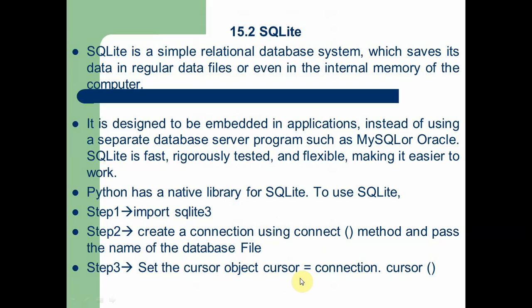Step 3, set the cursor object: cursor = connection.cursor(). By using this cursor, we can access all the databases in SQLite. So this is the simple 3 steps: number 1, import sqlite3; number 2, create a connection using the connect method; and number 3, set the cursor by using the cursor method.